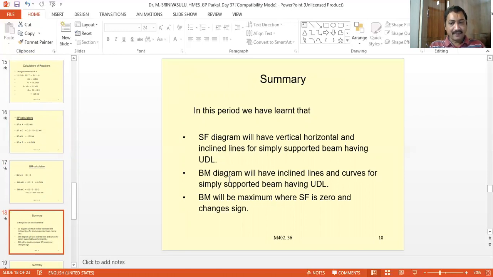The SF diagram will have vertical, horizontal, and inclined lines for the simply supported beam with UDL. And the BM diagram will have inclined lines and also curved lines. The BM will be maximum where the shear force is 0 or changes its sign from positive to negative or negative to positive.